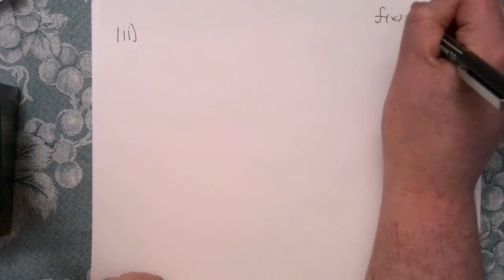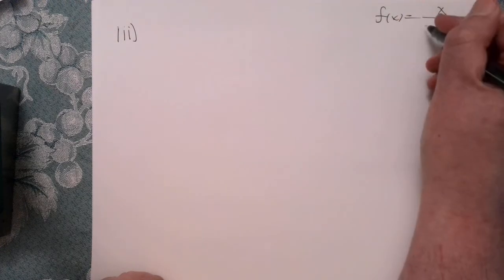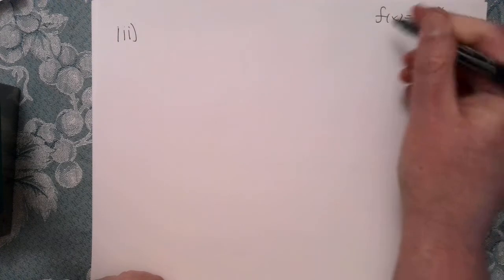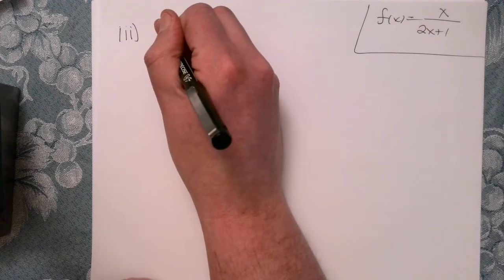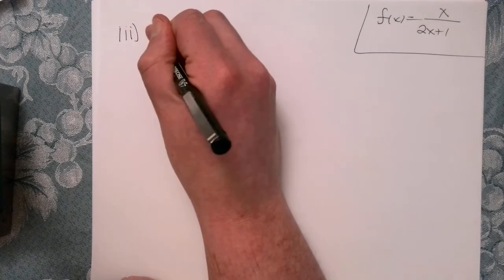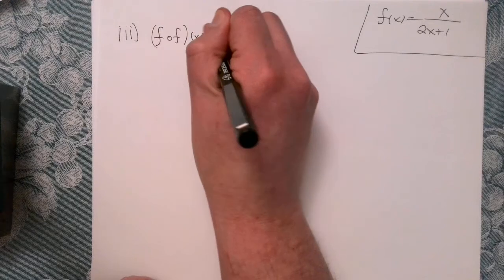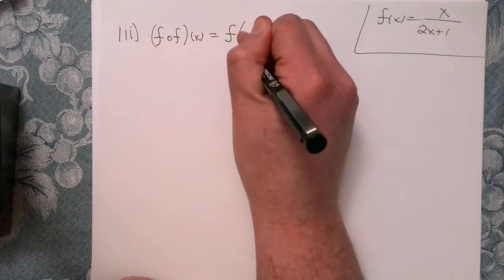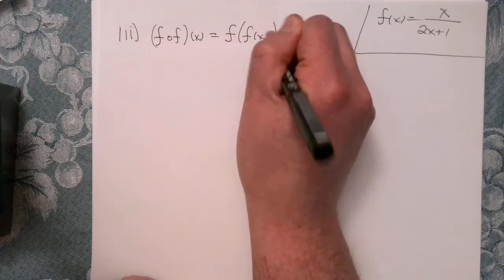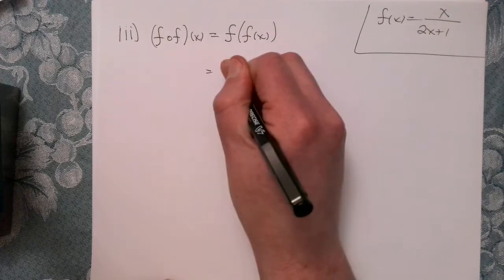Okay, so for 3, let's just recall that f of x was x over 2x plus 1. Let's find f after f of x. What does that mean? It's f of f of x. So what does that mean?